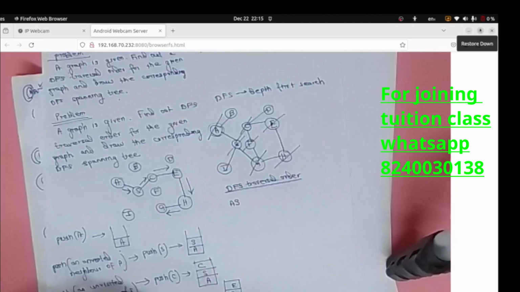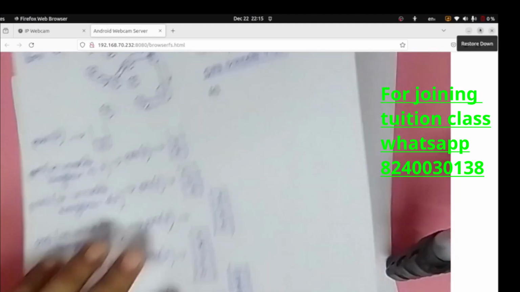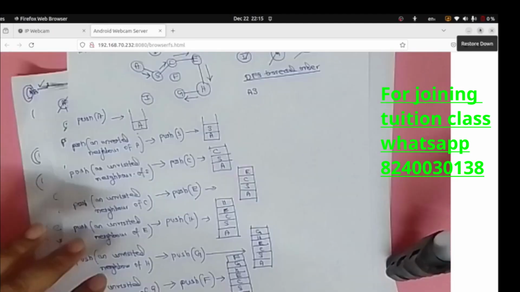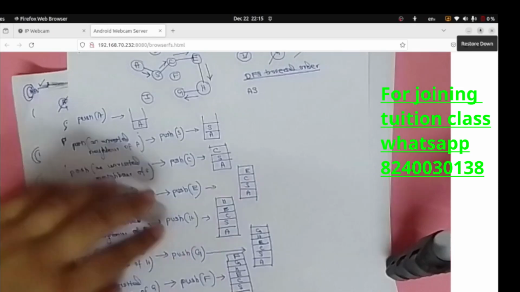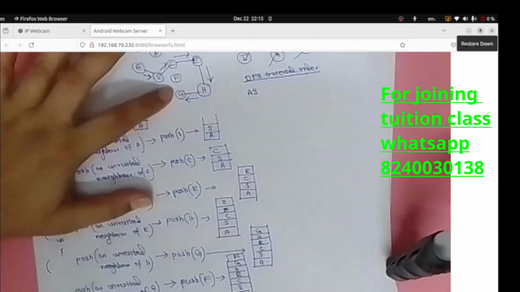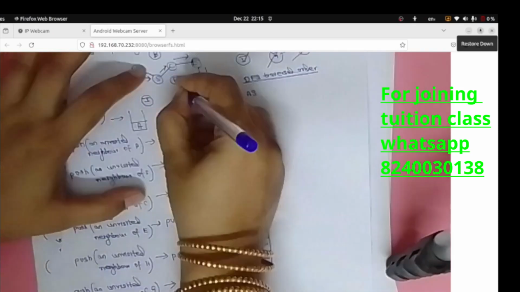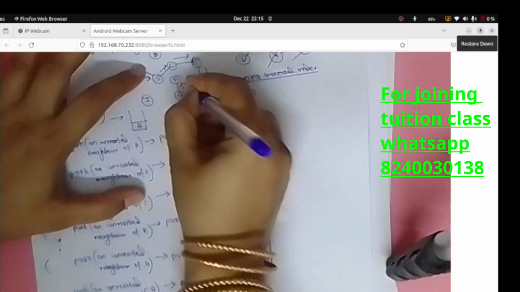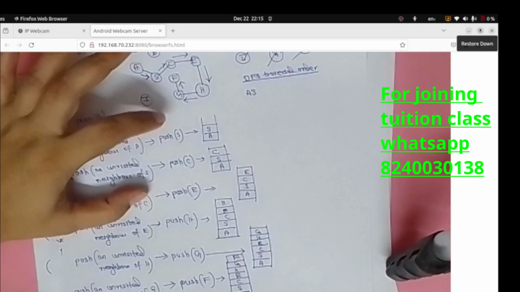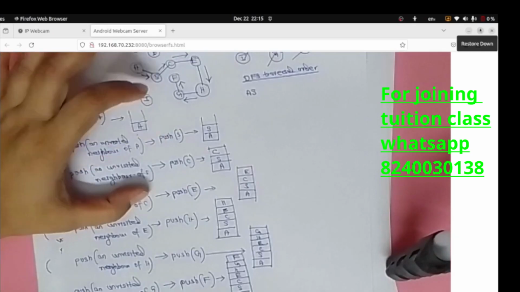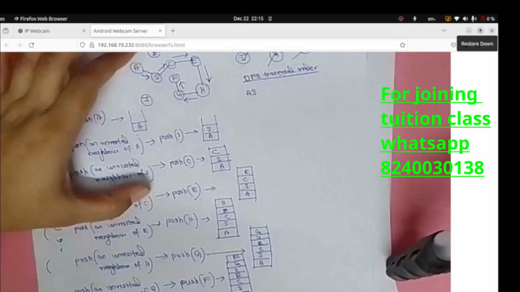And there is a movement from G to F. So in this spanning tree, we move forward from G to F. That is, we are moving forward from the current vertex G to its next vertex, which is a neighbor of G, that is F.